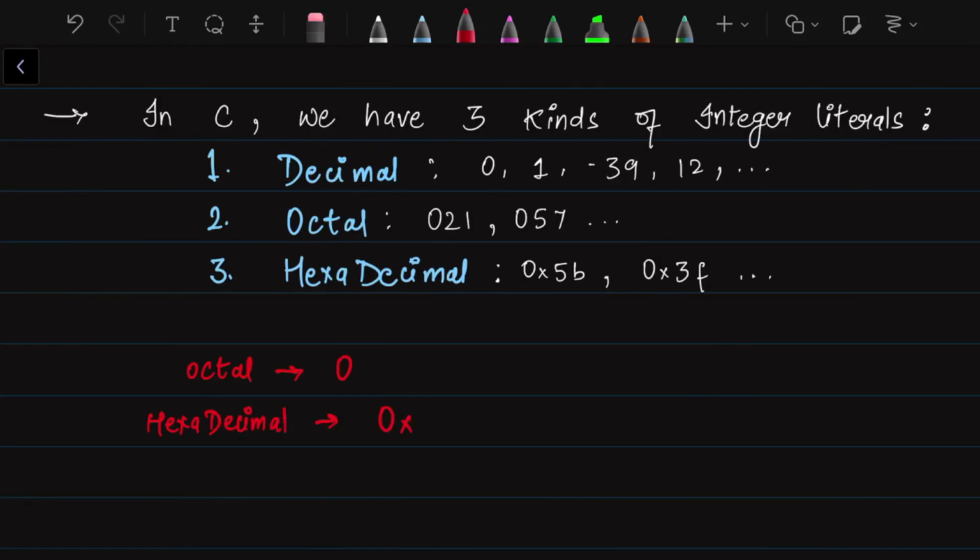Octal numerical literals have base 8, and hexadecimal numerical literals have base 16. And you might be aware of the decimal system, where the base is 10. So these are three different kinds of integer literals that C programming gave to us.